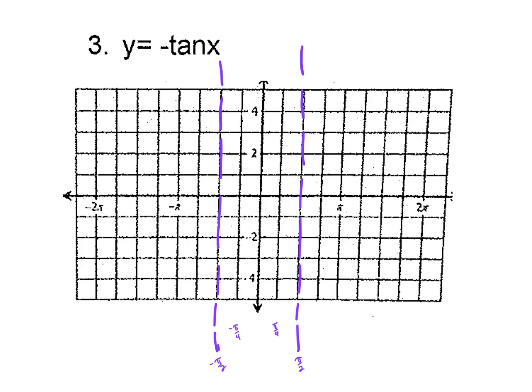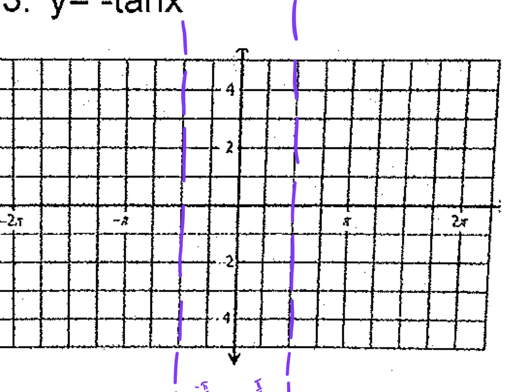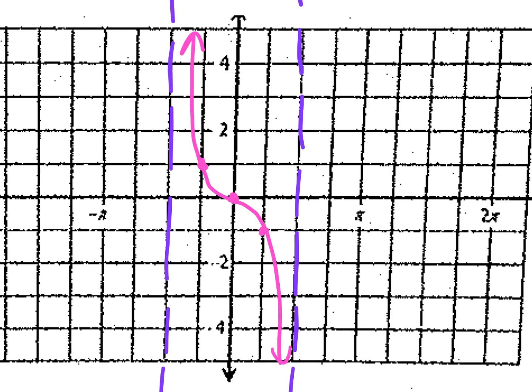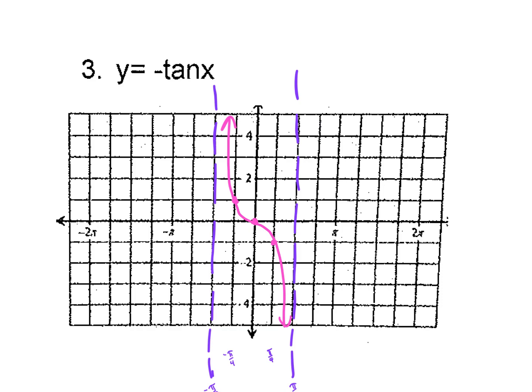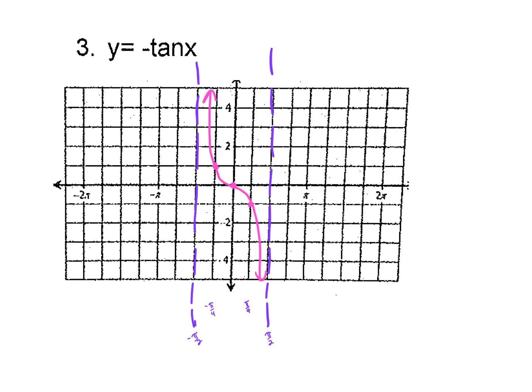So a negative tangent graph, in terms of the direction that it's going to go, looks like the direction of a cotangent graph, but we know it's a tangent graph because of the placement on the coordinate plane, right? If we're hugging either side of that y-axis, the origin, in terms of where our asymptotes are, then we know it's a tangent graph. But in this case, it's just a negative tangent. Okay?